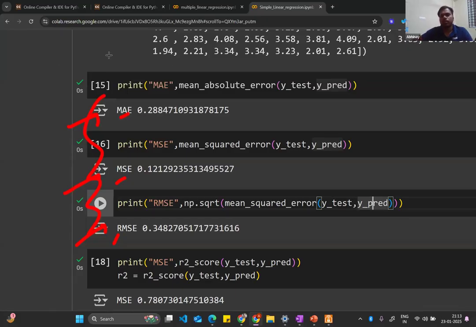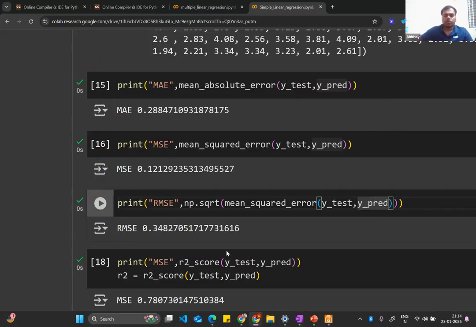We'll discuss this in the next class. I will dedicate the whole class to these things only, because they are very, very important. Whenever you train a particular model, you will find out these values, so it is important to go through these concepts also.